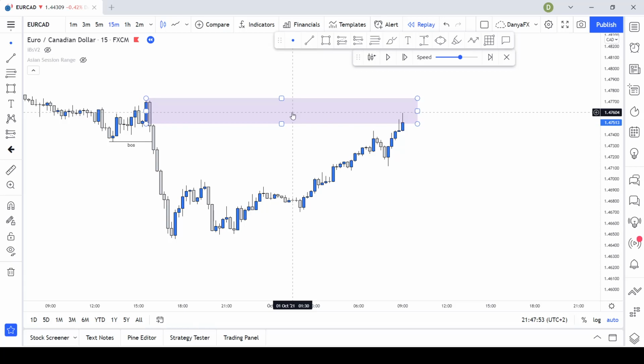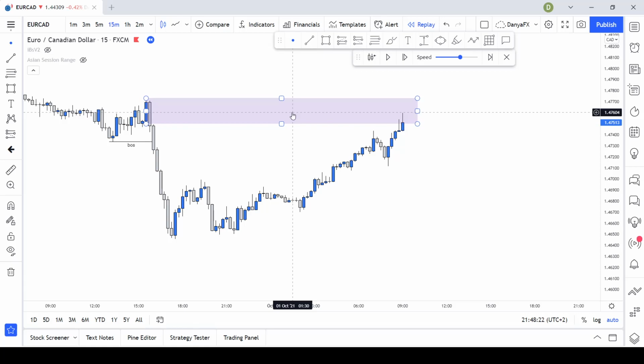So as you have probably understood, I use change of character with the supply and demand flip. The supply gets broken, new demand gets created, and vice versa. The demand gets broken, the new supply gets created. So easily said, it's a liquidation that gives us the fuel for the move.